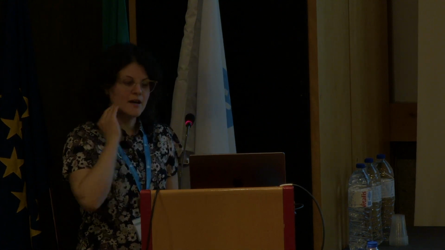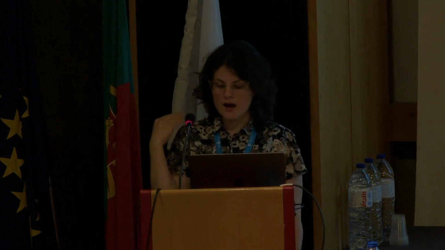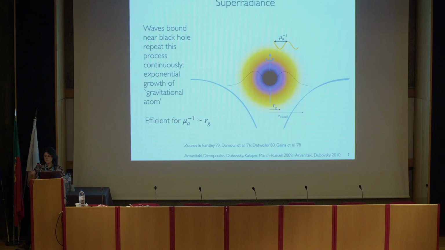So this turns into a probe of new ultralight particles, which is an inherent classical instability of Kerr black holes. So if these particles exist in the Lagrangian of our universe, a quickly rotating black hole will spin down and populate these modes.